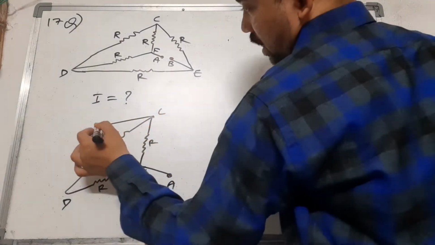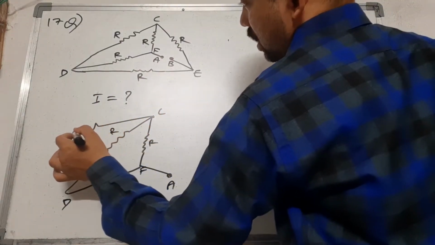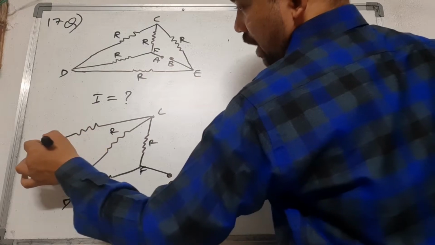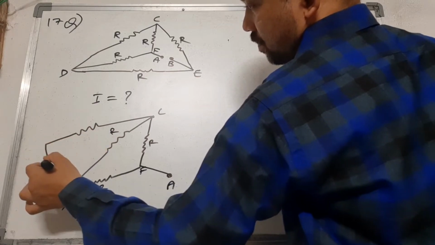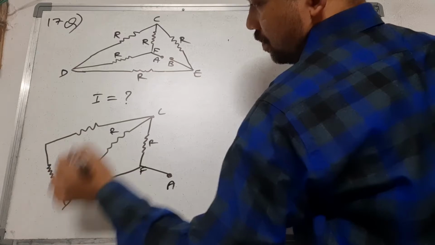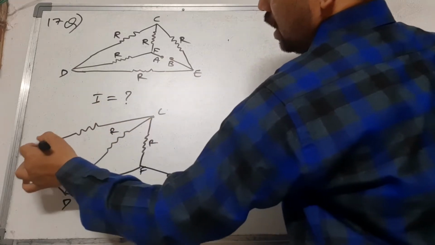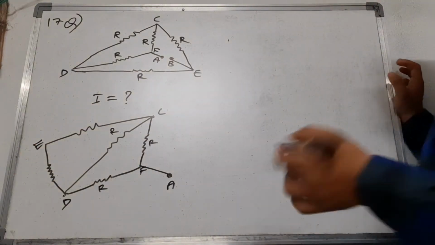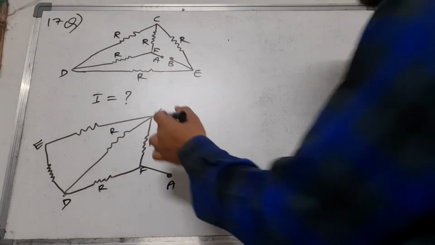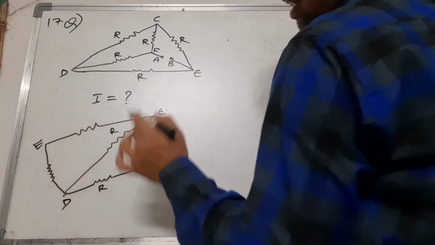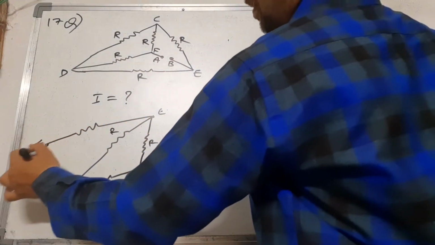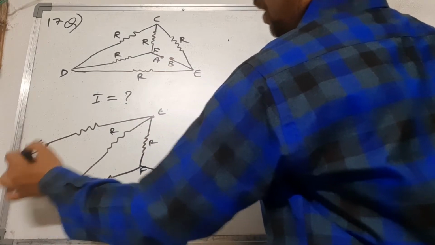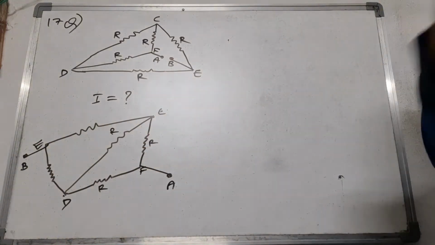This is C, and this is C to E, E to D again. Same, right? C to E and E to D, same. And again here it is open loop. Open loop B point. How does this look like now?